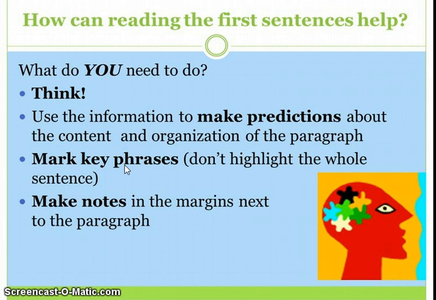And this can be in English, in Hebrew, in Arabic, in Chinese, in Martian, whatever language is easiest for you to see. Because eventually, remember, our goal is to get a global overview of the text, and what we want to be able to do is to go back and find information quickly and effectively. And if we've marked key phrases and we've made notes in the margins, it will make our job much easier.